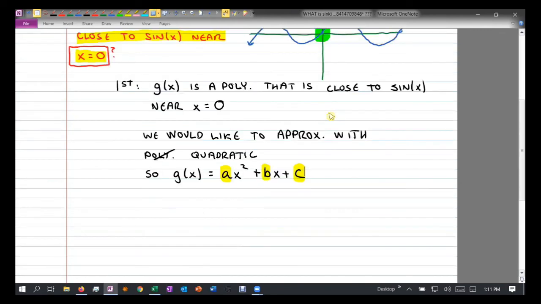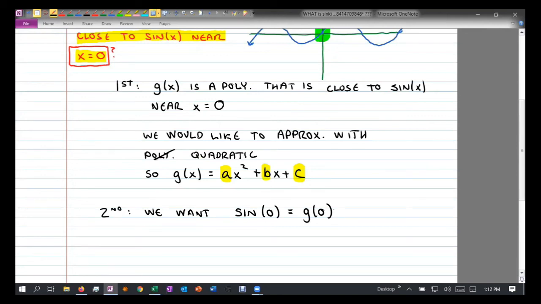Let's go for it. The second thing I'm going to think about is we want the value of the sine function at 0 to be equal to the value of our quadratic at 0. Can someone explain to me in layman's terms what I just said?